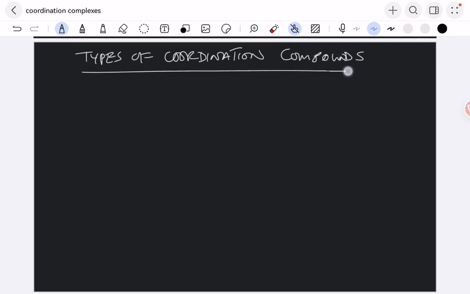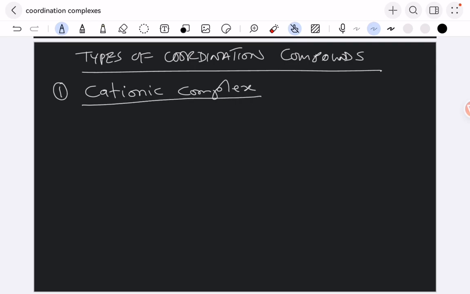The first type is known as a cationic complex. When you have a cationic complex, it means that the complex is positively charged.